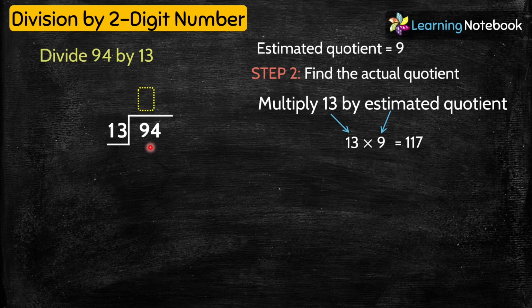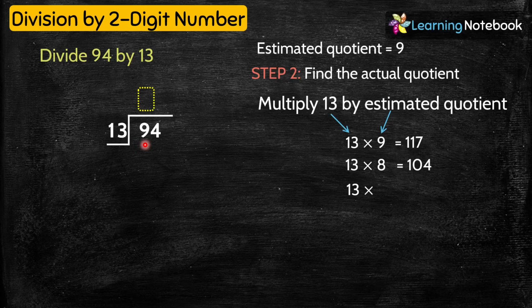So we cannot take this 9 as our actual quotient. So let's multiply 13 by 8 this time. We get 104, which is still greater than 94. So again, we cannot take 8 as the actual quotient.